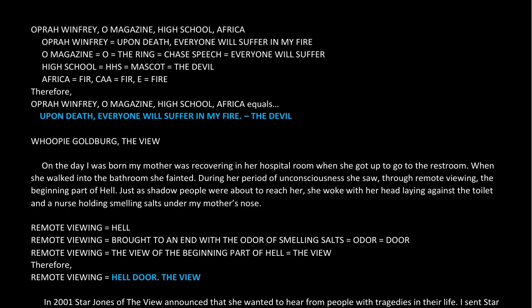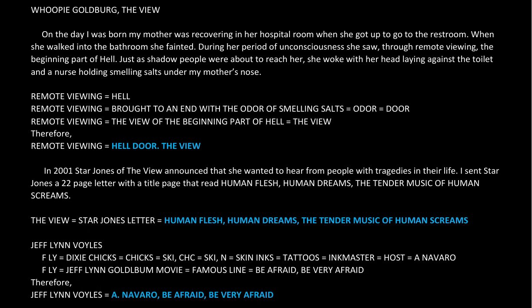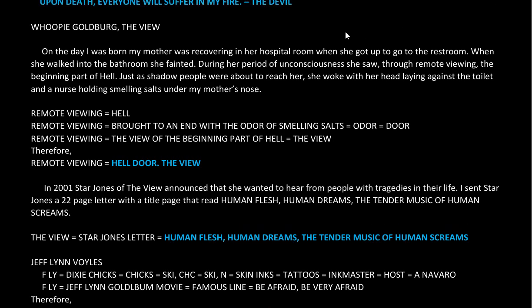Whoopi Goldberg, who was in The Color Purple, is now one of the hosts of The View. On the day that I was born, my mother was recovering in her hospital room, and she got up to go to the bathroom.